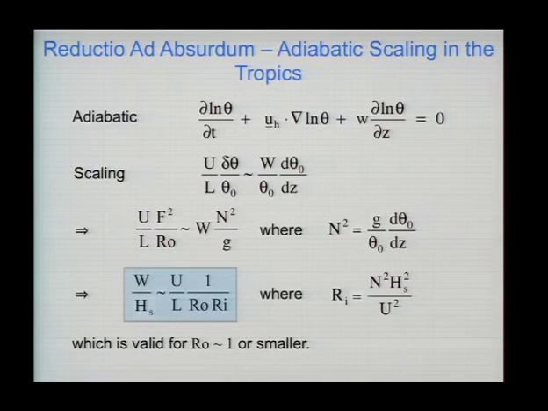We're going to suppose it can be neglected and show that is a bad idea. And then I'm going to put it back in, and suppose it's radiative cooling, or suppose it's convection.